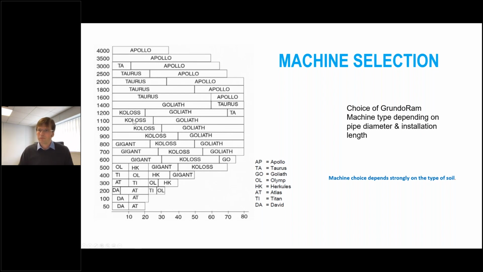Many rammers can do a broad range of different diameters. Take, for example, the Colossus, which can ram from 500 millimeter all the way to 1.2 meter pipes. And the selection depends very much on the ground condition.